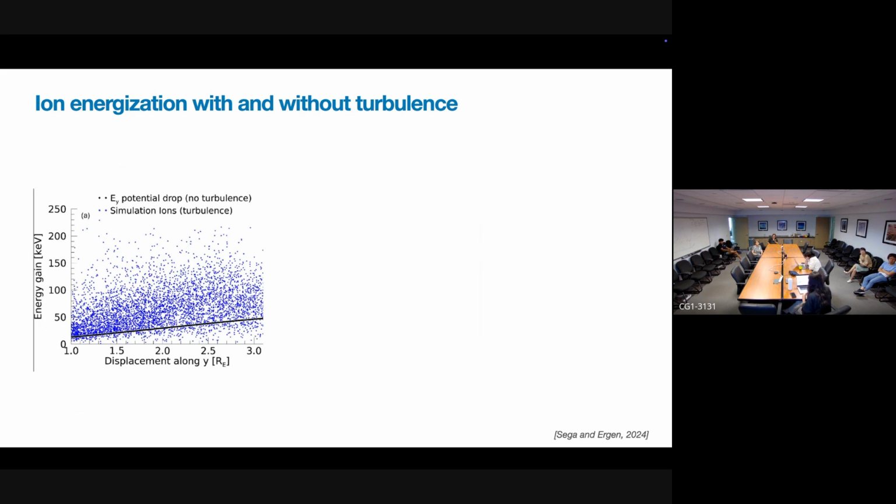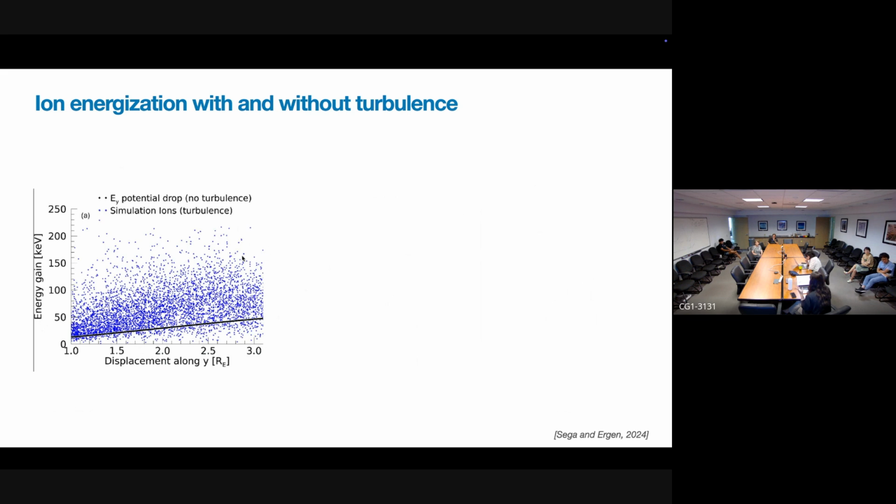Imagine if you only have the reconnection electric field EY, all the energy gain will be the displacement in the y direction times how strong your electric field is, right? So you will have a straight line going up along the y direction, showing how much energy you gain from EY. But interestingly, when we turn turbulence on, you see the data points just scattered all over the place.